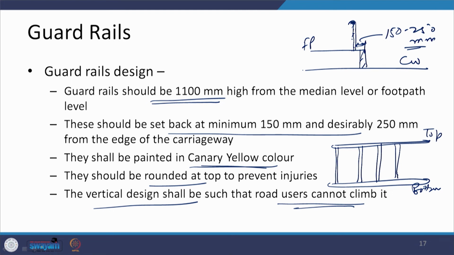So, what it says is that if these are being provided, the gap between these bars, first of all, should not be such that a person can cross through it. Another one is that if you are going to provide these type of horizontals at different locations, they should not be there, because otherwise people will use them as a step and will cross towards the other side. So, this is not allowed. So, that is what it is talking about here.